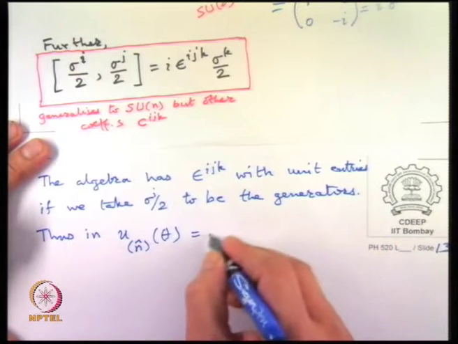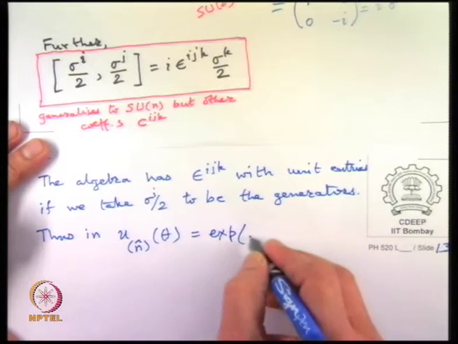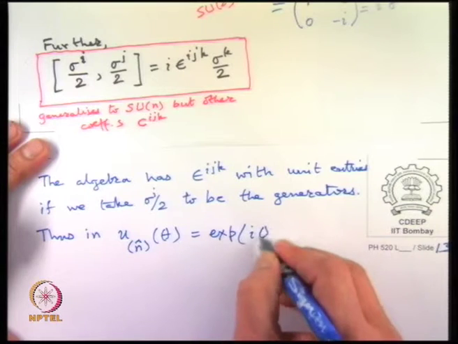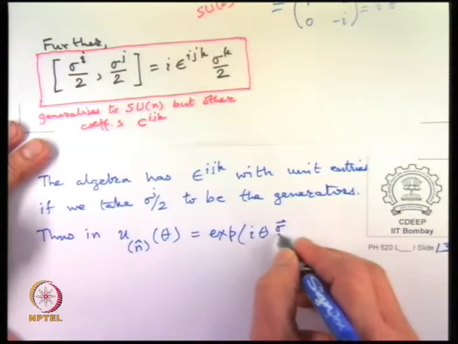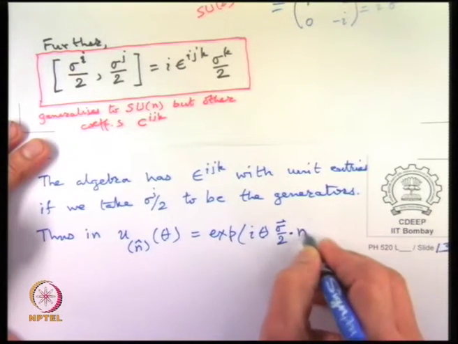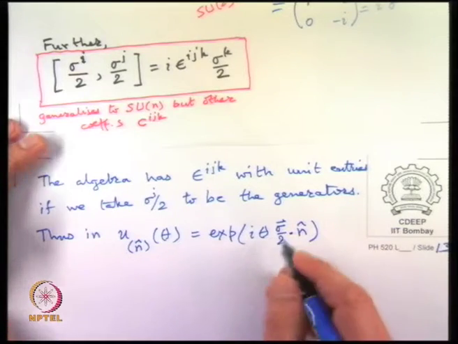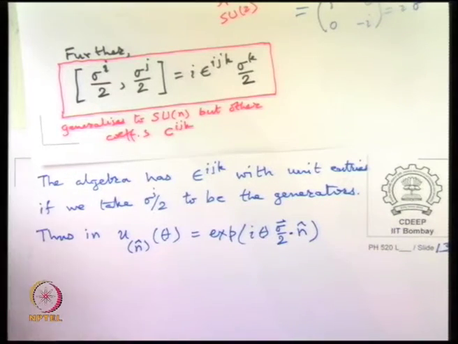It is better to think of it as exponent i times theta times sigma by 2 dot n cap. Okay. So this acts as the generator.